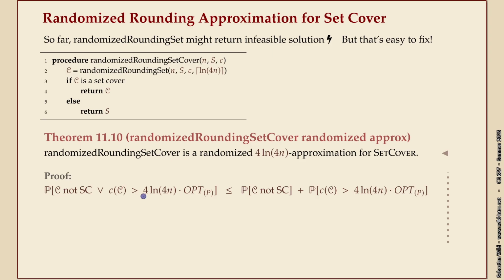That's the union of 2 events. I can upper bound that by the sum of the probabilities. And both of these we've just bounded by the previous lemmas. So this was that the algorithm doesn't output a set cover, and this was the Markov inequality from the previous slide. So in total, with probability 1/2, we get something that's at least as good as that. And with probability 1, we get something feasible.